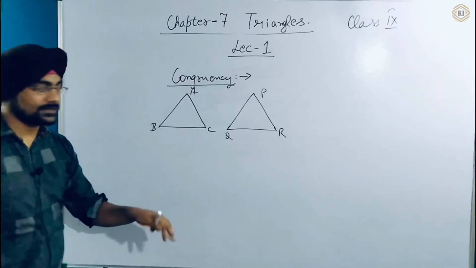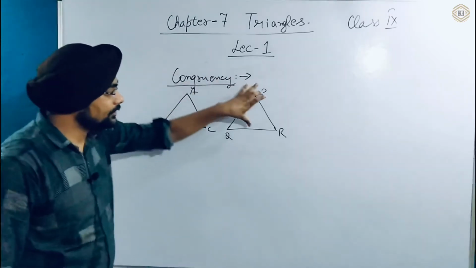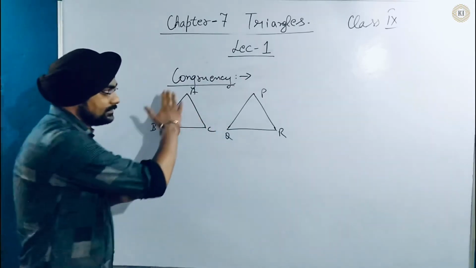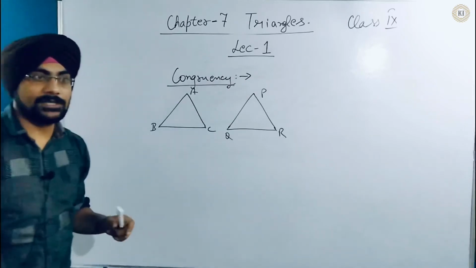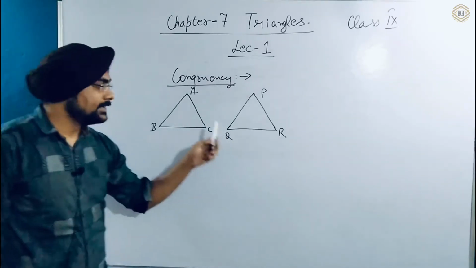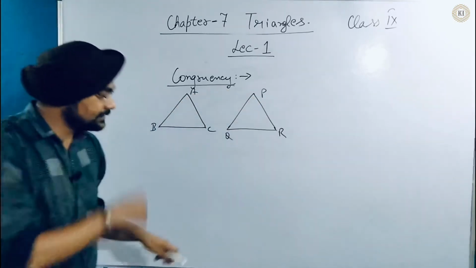and same size. It means that when we take triangle ABC and put it on triangle PQR, side AB will overlap with side PQ, side BC will overlap with side QR, and side AC will overlap with side PR.